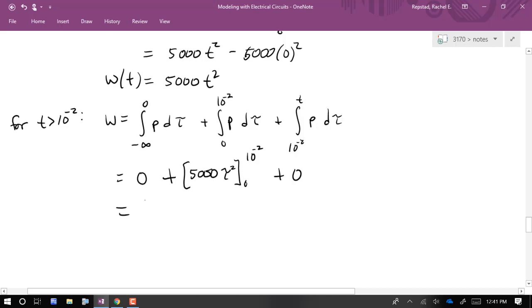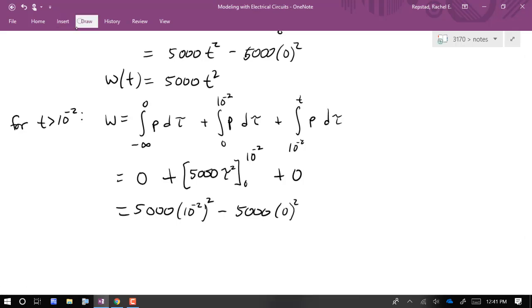So now we can evaluate this expression. When we plug in 0, that'll 0 out. And when we plug in 10 to the negative 2, we get 0.5 joules.